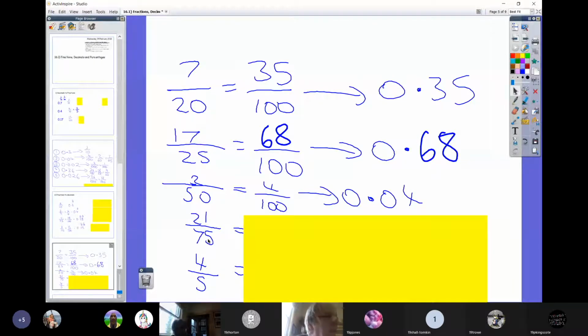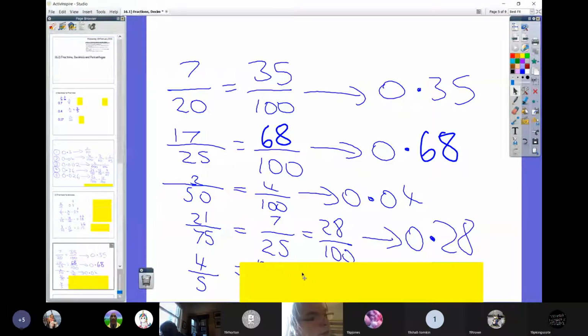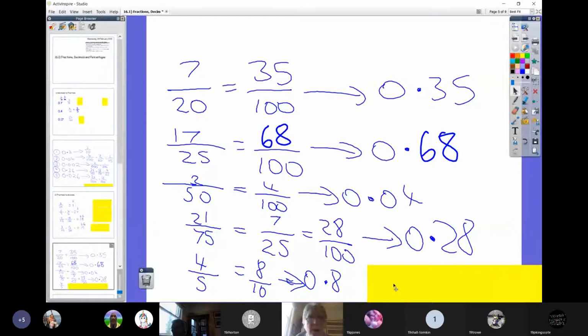Again, there's a bit of a lag, so I'll say that one again. 21 over 75, if we divide by 3, that puts it over 25. So that would be 7 over 25. Once we've got 7 over 25, times top and bottom by 4, that then gets it over 100, and then it's easy to convert. And then the easy one to finish, 4/5, double it, that's 8/10, so 0.8.